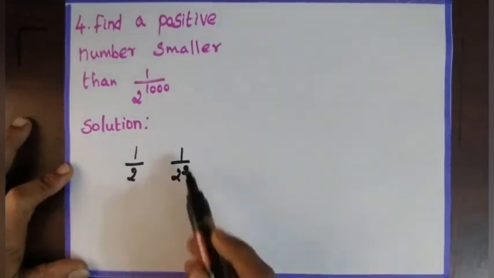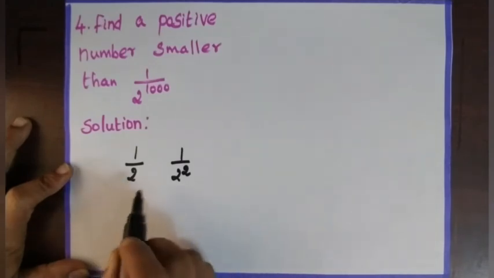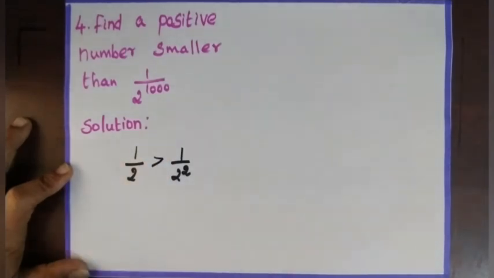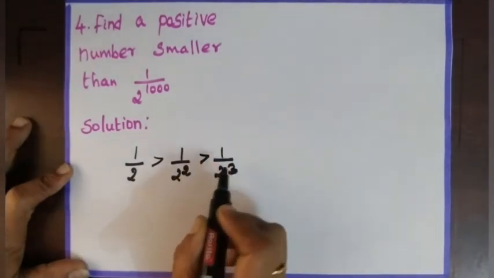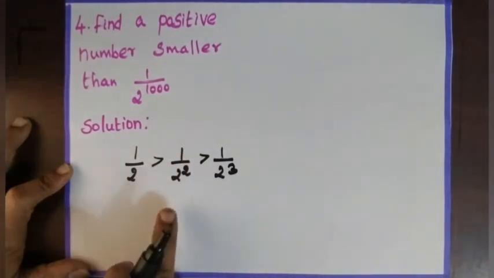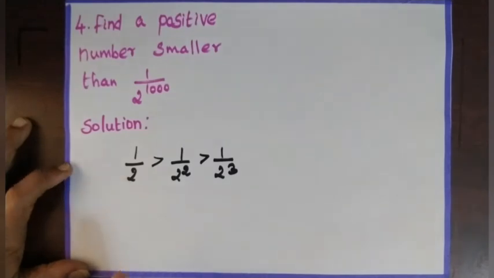But the total value will decrease because it is in the denominator. Then 1 by 2 is greater than 1 by 2 square, which is greater than 1 by 2 cube. If the power is increased, then the total value will decrease.